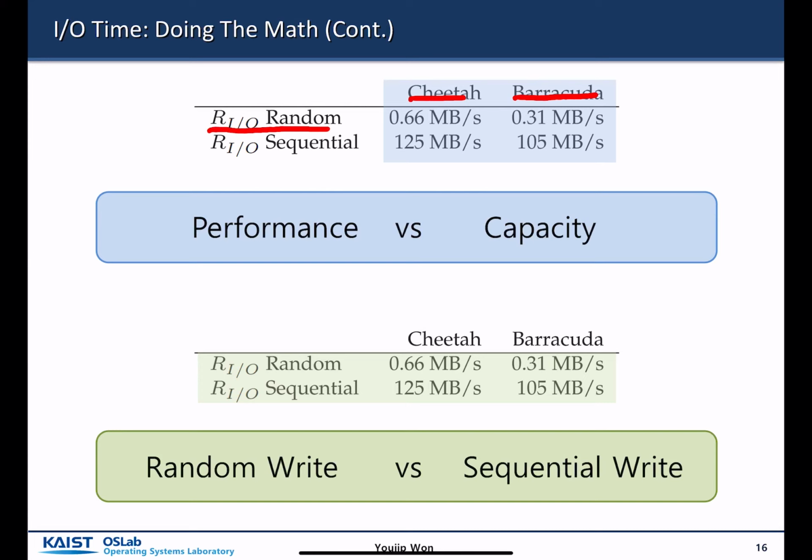Random I/O is not good, but for sequential I/O, when you write a 100 megabyte data chunk, both of them were able to fully utilize the underlying performance. So this is why we have to carefully design software for I/O to use sequential write rather than random write.